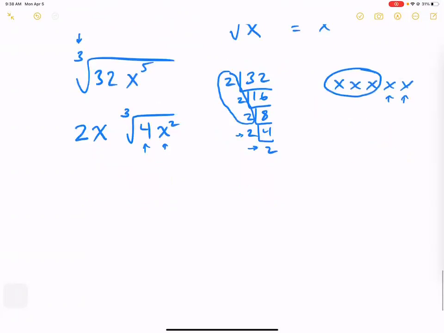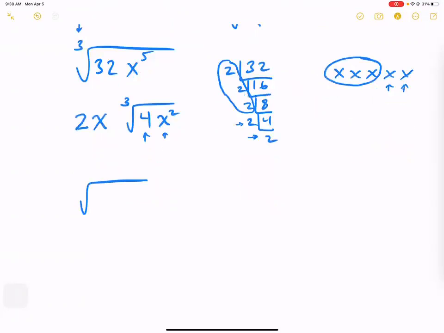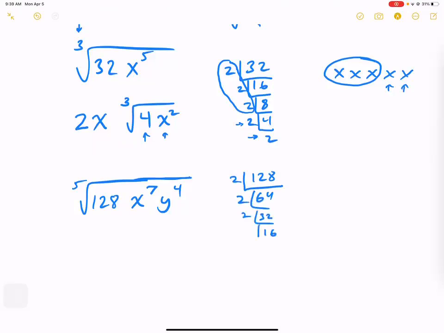Let's do one more, and then we'll call it a day. Let's just go to the 5th root. I want to do something like 128, and x to the 7, and y to the 4th. Throwing a couple extra things here. Let's do the number first, 128. 2, 64, 2, 32, 2 becomes 16, 2 becomes 8, 2 becomes 4, 2, and 2.